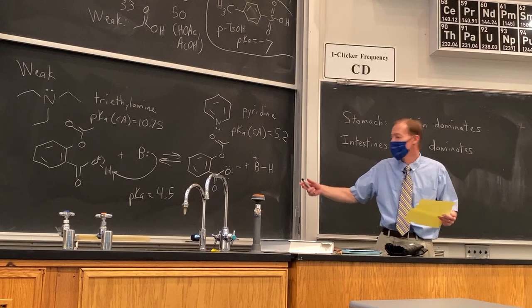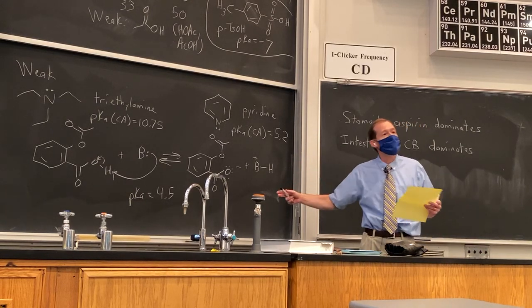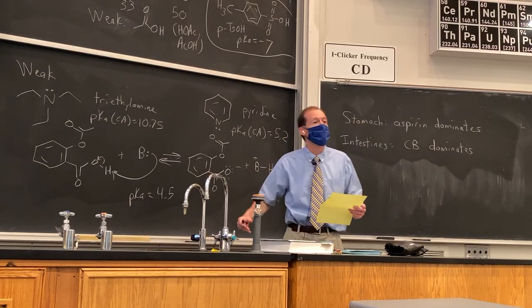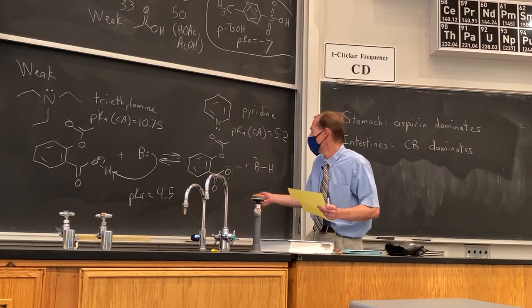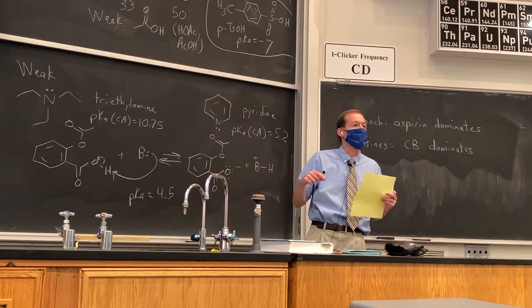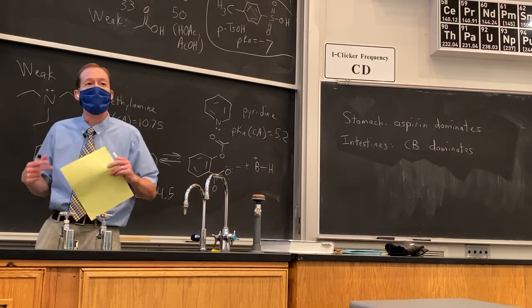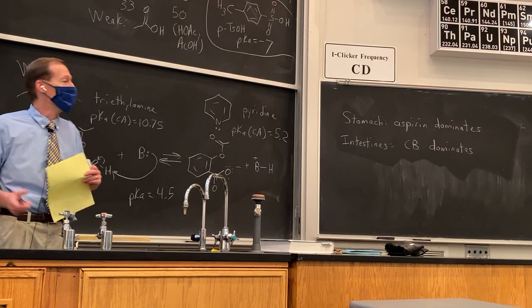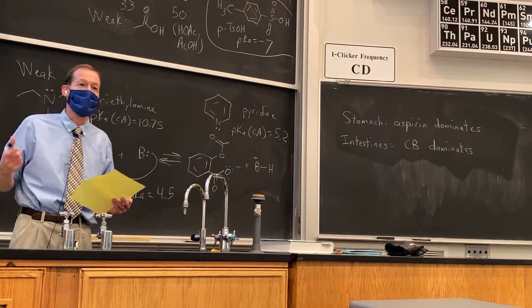The acid, yes. The conjugate base is ionic. So that ionic conjugate base is not going to be able to cross cell membranes. This has polar functional groups, but it's much less polar than the conjugate bases, so it is able to cross cell membranes. So that means that aspirin is absorbed into the bloodstream in the stomach rather than the intestines. Okay? So that's how aspirin's acid-base chemistry affects its biological activity.